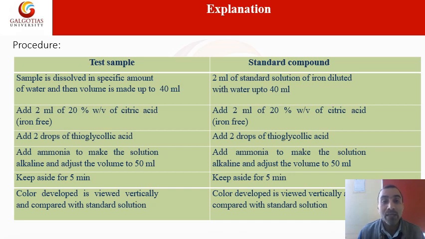Now we will compare and observe which sample is more intense than the other. Suppose the test sample is more intense than the standard, then we can say this test sample contains more iron, which cannot be accepted as prescribed in the pharmacopoeia, and vice versa.